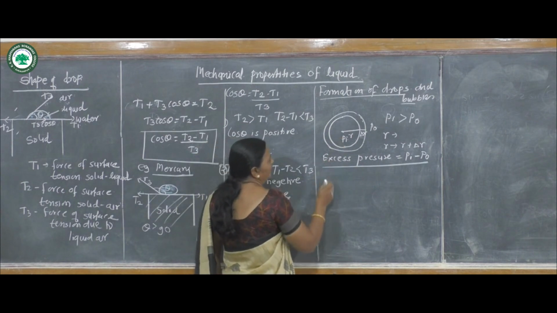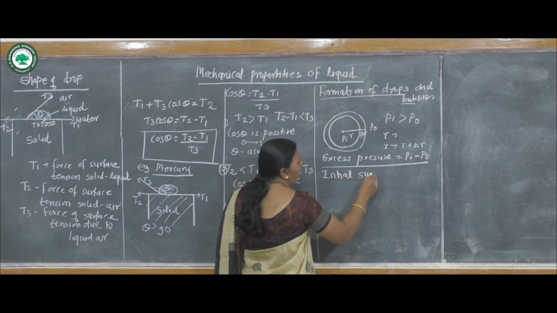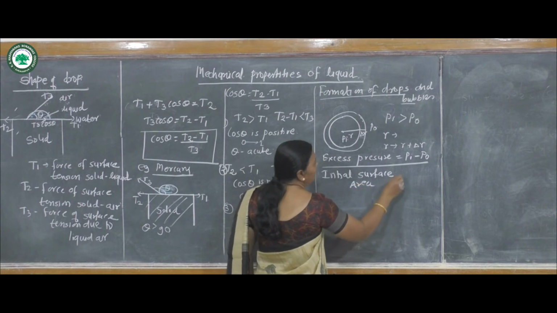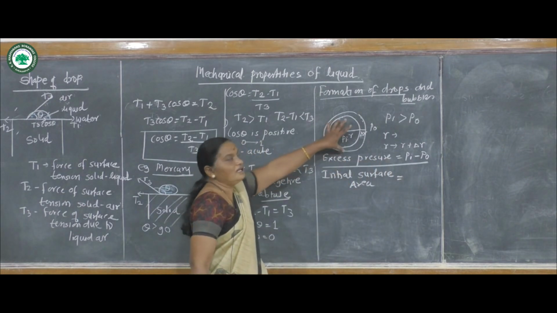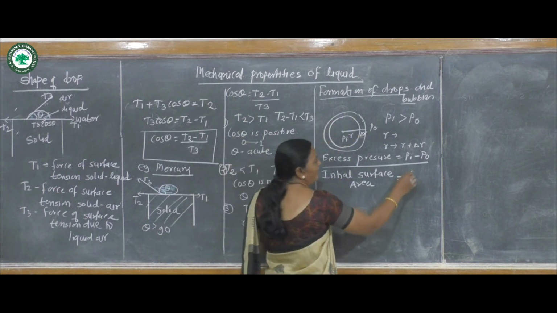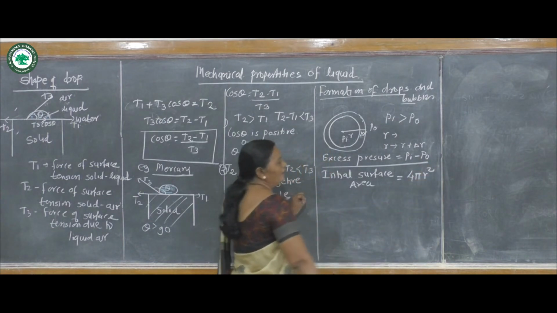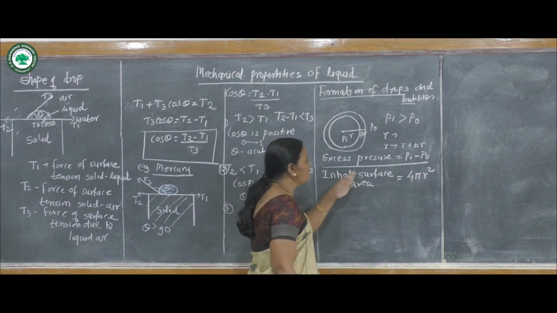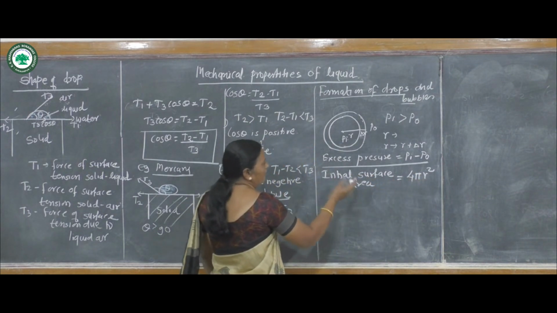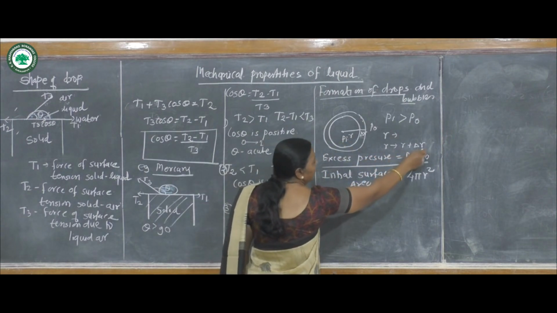Then we can say that the initial surface area is equal to the surface area of this sphere, which has the formula 4 pi r square, where r is the radius. Now see, the radius changes from r to r plus delta r.